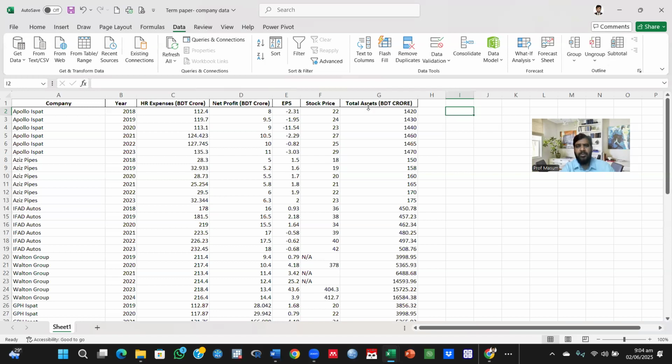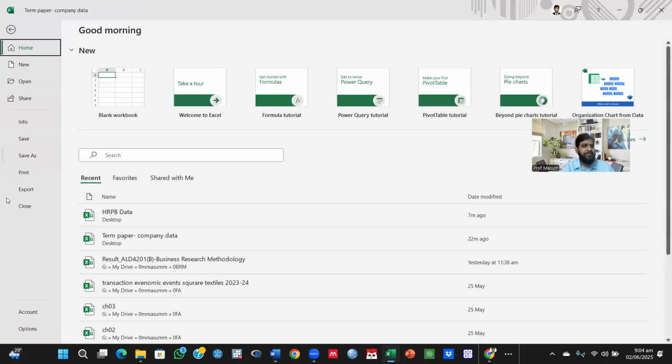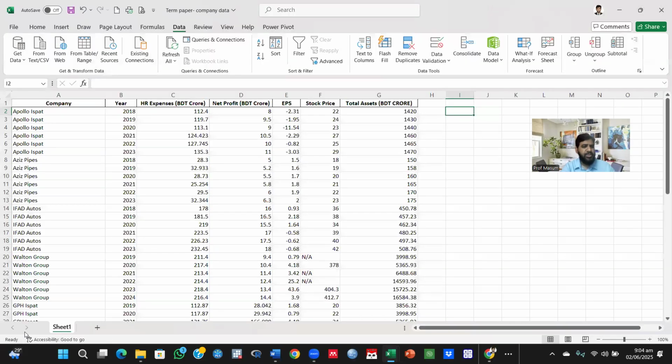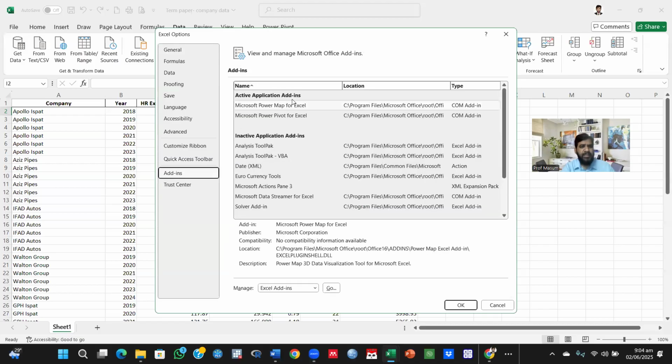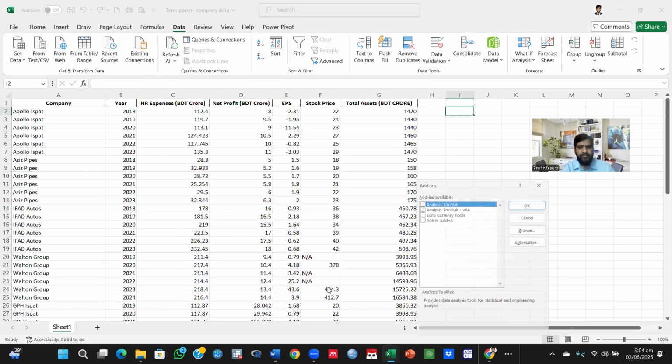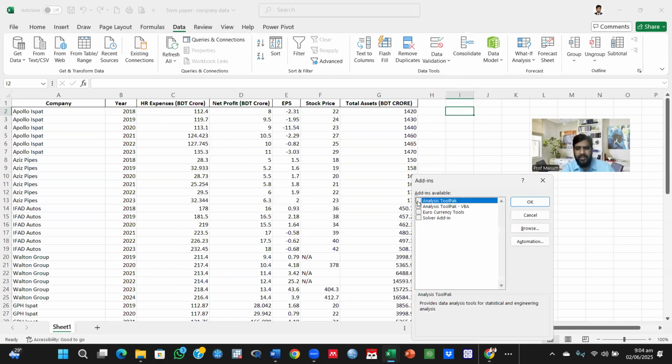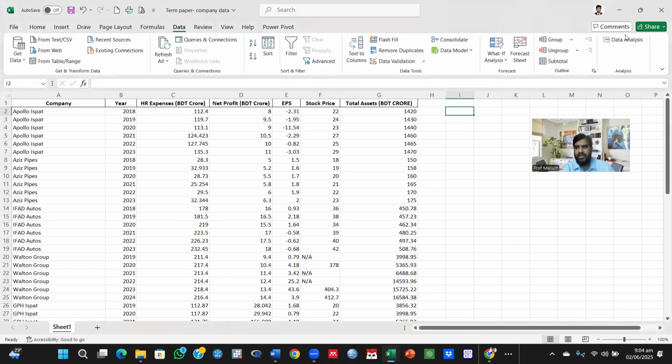No. We'll bring data analysis using, for example, file, then options, then add-ins, then analysis toolpack. Go to analysis toolpack and check this. When you check the analysis toolpack, the data analysis will appear here. All right.